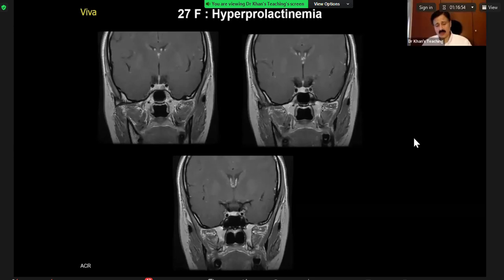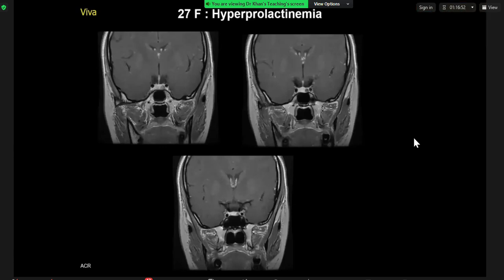You have not pointed out the finding. So looking at the internal carotids, I can see there is a rim of contrast, but very minimum, not like 1.5 millimeter, just eyeballing it. So there's something in the pituitary which is displacing the carotids, and it's enhancing, and there's an isointense lesion in the left aspect.